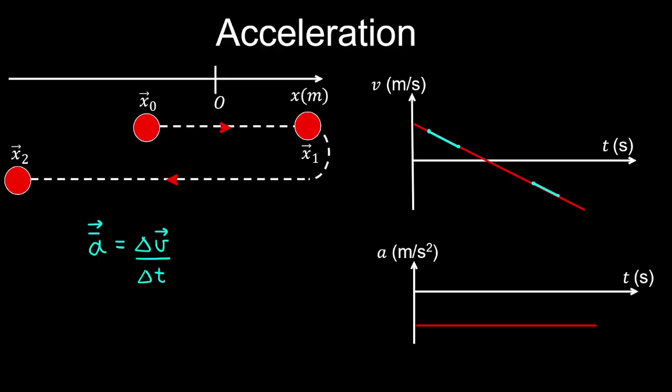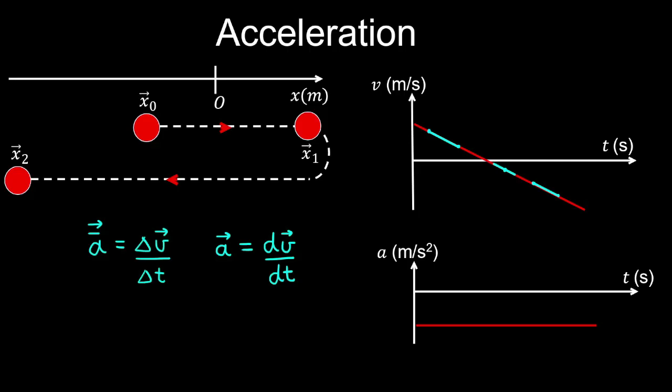And if you take the limit as delta t approaches 0, we obtain the instantaneous acceleration, which is the slope of the tangent to the velocity time curve at a particular time. And you can see that this is also constant when the velocity is linear.